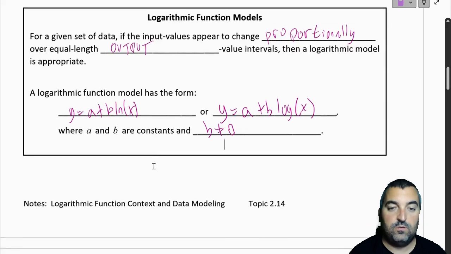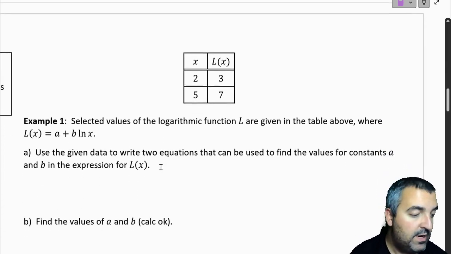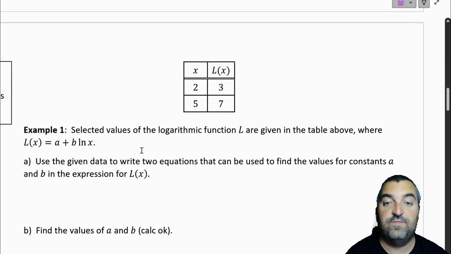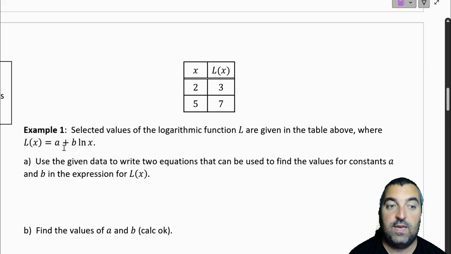So let's go ahead to this. What we're going to do here, and this is a very AP FRQ type question, is we're given two data points, and they tell us it's a log equation. We're going to use a plus b ln x.